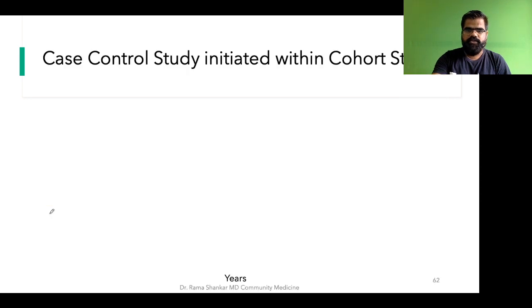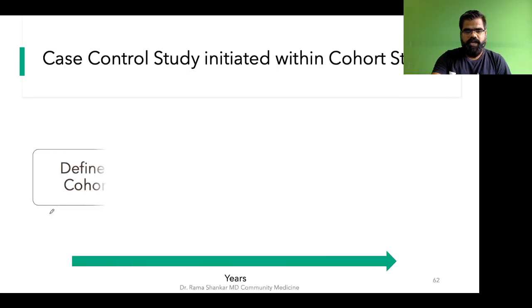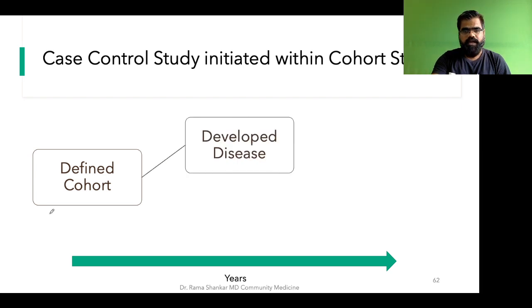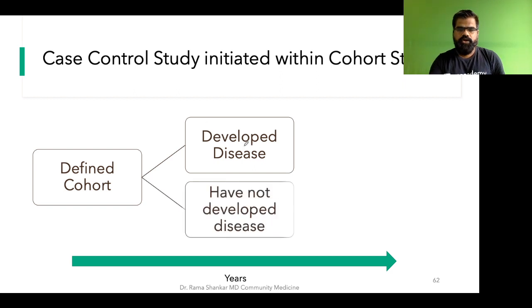What is nested case control study? See this. There is a defined cohort, a population which I took. After a certain period of time, it is a cohort study in principle. So you have taken a population, you are exposing one group, you are not exposing the other group. Somebody will develop disease, somebody will not develop disease in due course of time. Those who develop disease we classify as developed disease, and those who are not developing we classify as not developed disease.